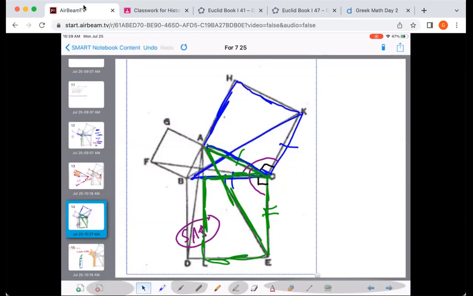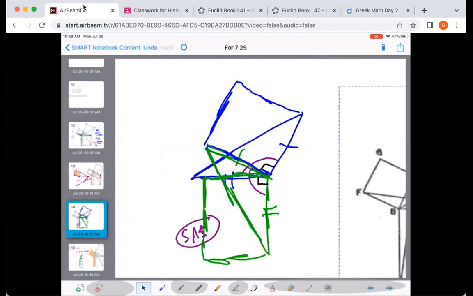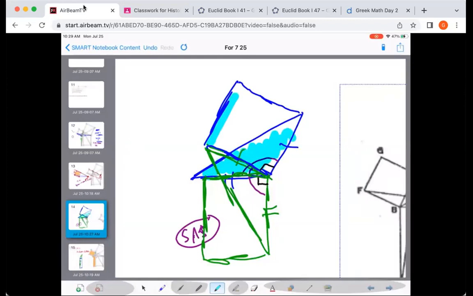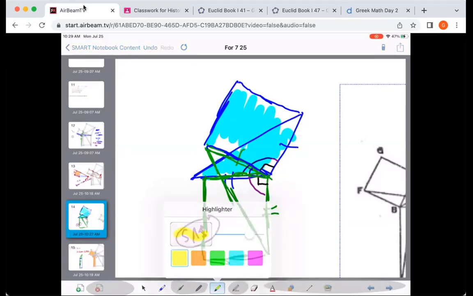Now we can see this square is double the triangle. And this rectangle is double this triangle.